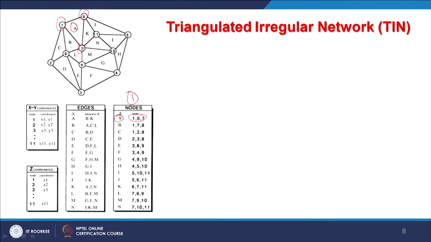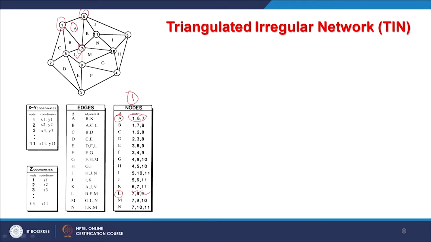Let me take one more example. If I say triangle L, then triangle L is made from nodes 7, 8 and 9. So the node table will store information about the nodes of each triangle.